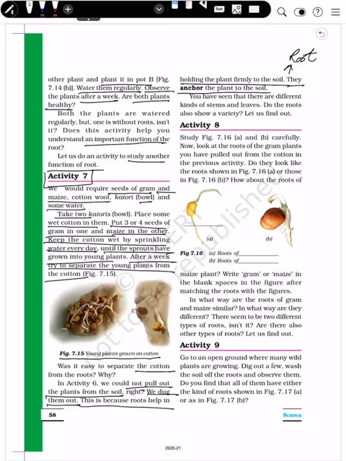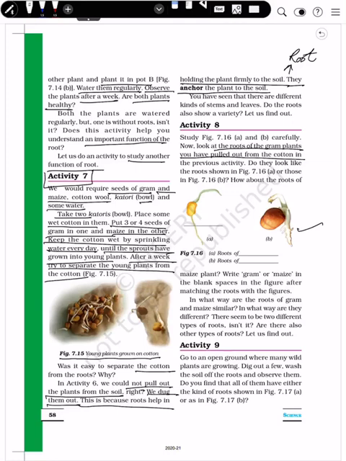To study about the various kinds of roots, here in activity 7 we have taken the seeds of gram and maize. So you can see the roots of the gram plants you have pulled out from the cotton in the previous activity. We are able to see the B kind of roots, that is roots of gram plants.